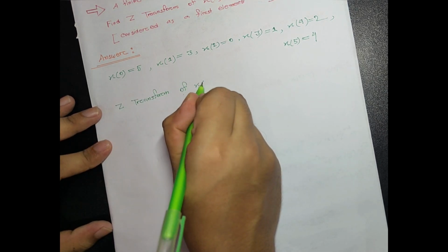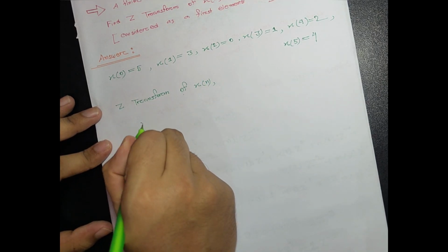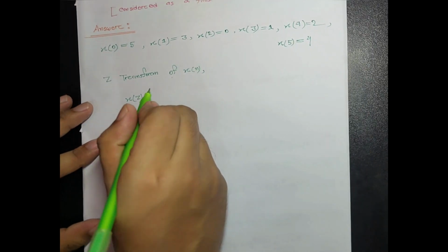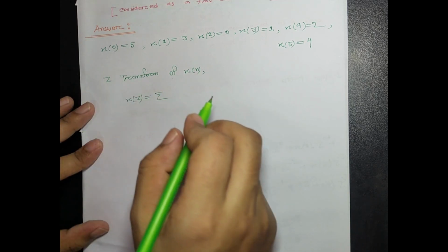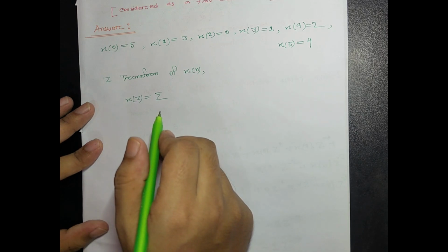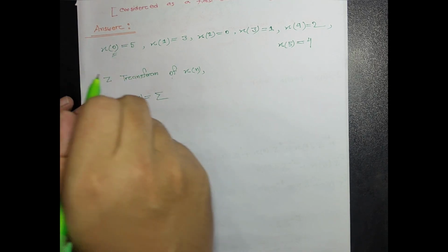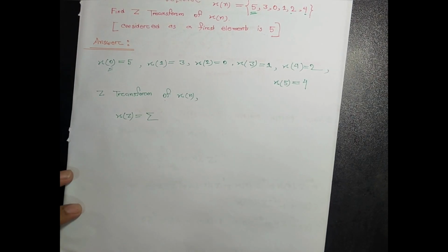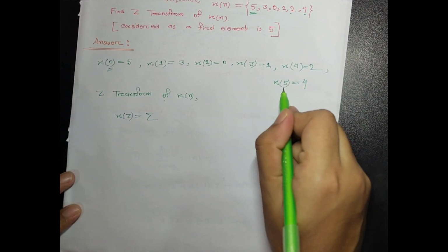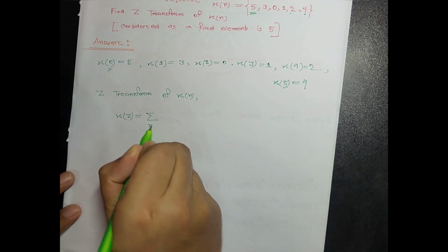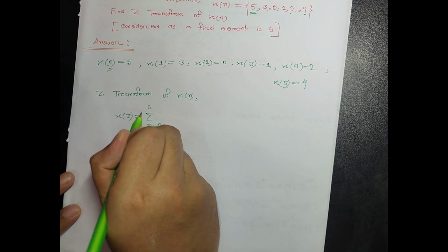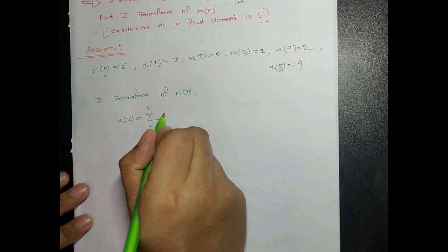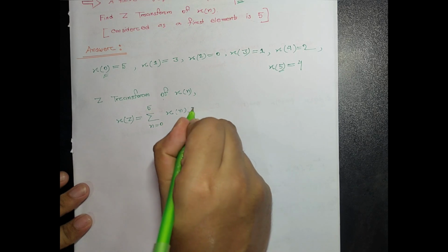So Z transform of x of n, X of z equal to summation of n equal to 0 to 5, x of n into z to the power minus n.